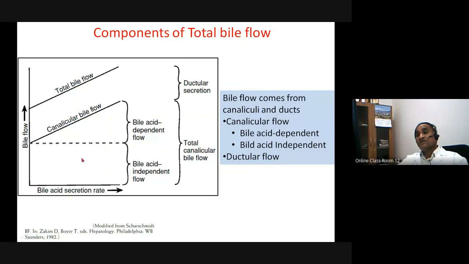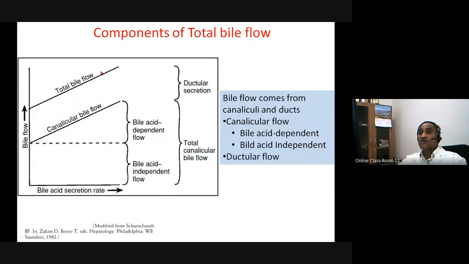As the bile acid secretion increases, the flow increases. This flow increase is mainly the bile acid dependent flow, while the bile acid independent flow remains constant all the time.